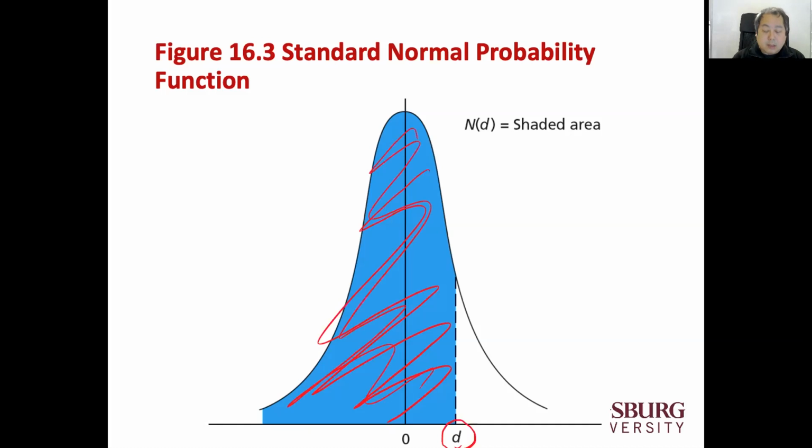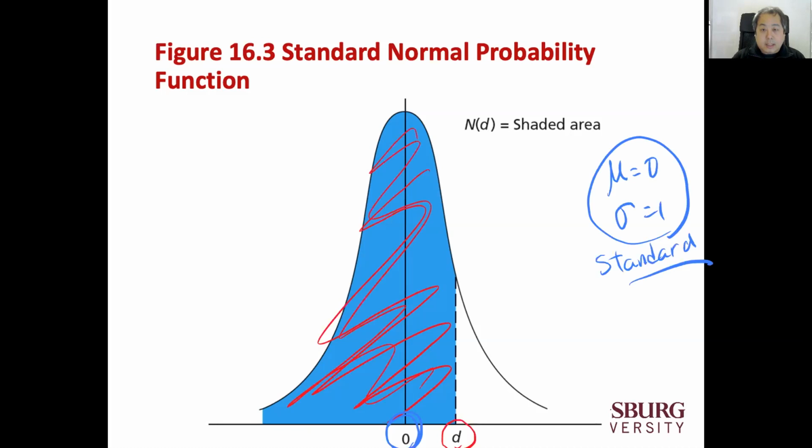This is called the standard normal distribution. The standard normal distribution is a normal distribution with zero mean, so the average is 0, and the standard deviation is 1.